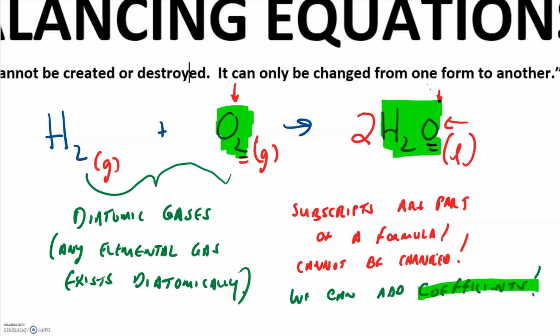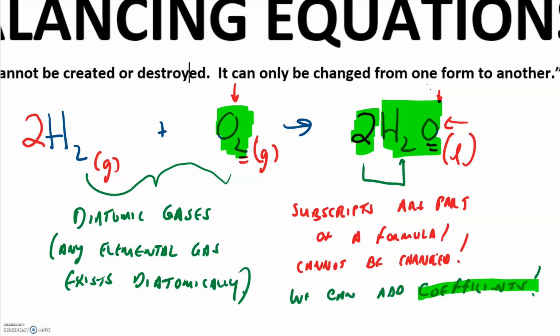However, because we put this coefficient of 2 over here, we also have multiplied the hydrogens. And this coefficient of 2 is multiplying the fact that there were already 2 atoms of hydrogen, which means there are now 4. So to make sure that there are 4 atoms of hydrogen on the other side, let's put a coefficient of 2 next to this one.